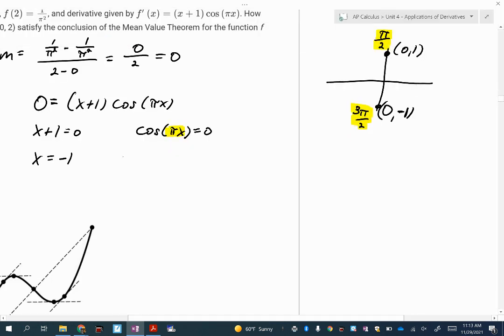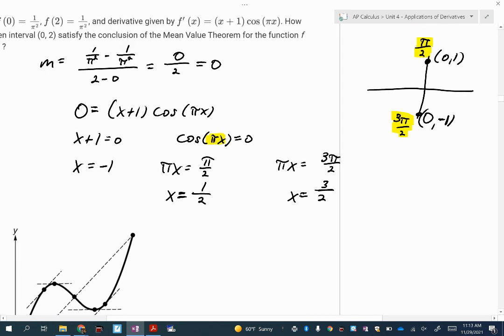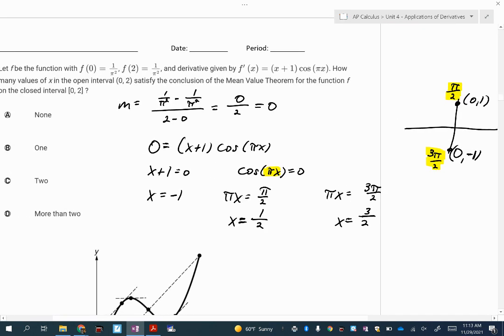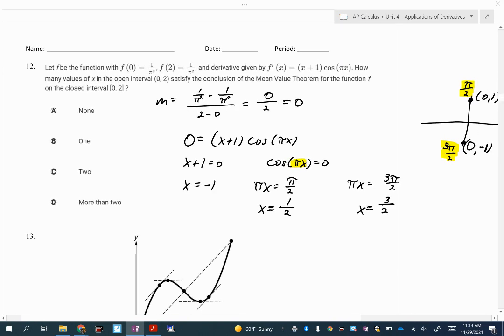So I'm going to set those two things right here. And you'll notice the pi's will go away. So this is going to be 1/2, and this one's going to be 3/2. So it looks like there's 3 that would work. But be careful. Here's that last check, because it has to be in the interval.